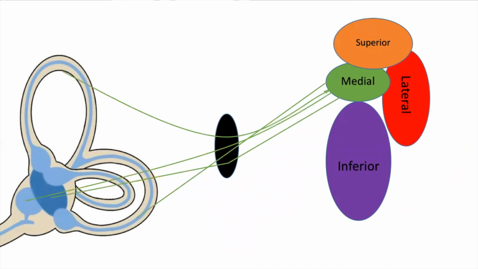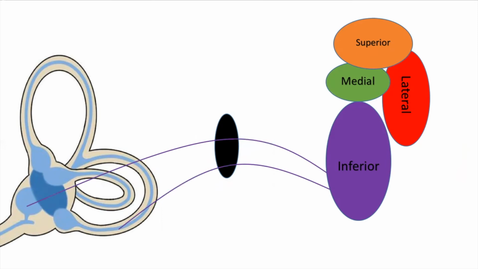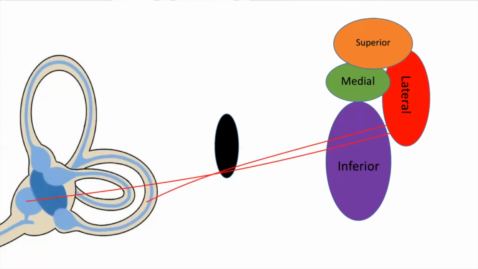Nerve fibers that make synapses to the medial nuclei come from all 5 end organs. Nerve fibers that make synapses to the inferior nuclei are the saccule and the posterior semicircular canal. And nerve fibers that make synapses to the lateral nuclei come from the saccule and the posterior semicircular canal as well.